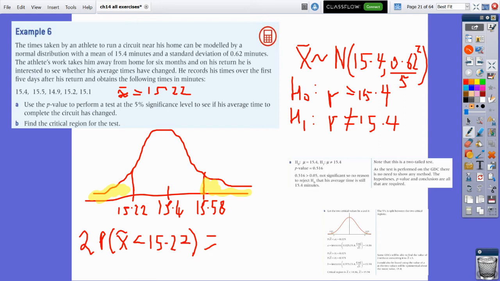So I'm going to my calculator now, I'm going to Scratchpad, I'm going to menu, I'm going to probability, and I'm going to distributions, and I'm going to do normal CDF. I want to go up to 15.22, and I've got mu is 15.4, and sigma is equal to 0.62 divided by the square root of 5.